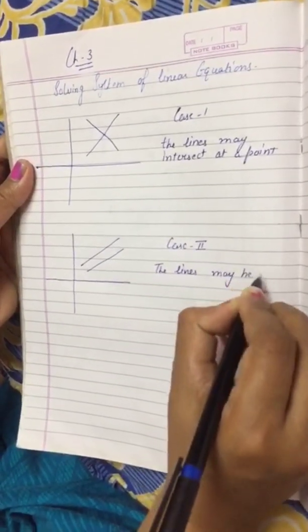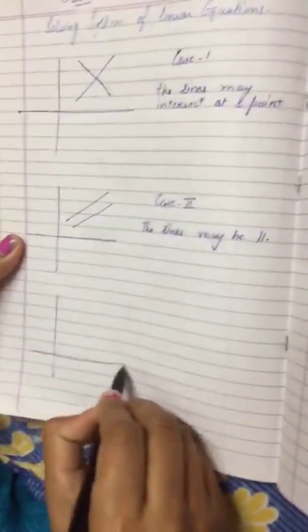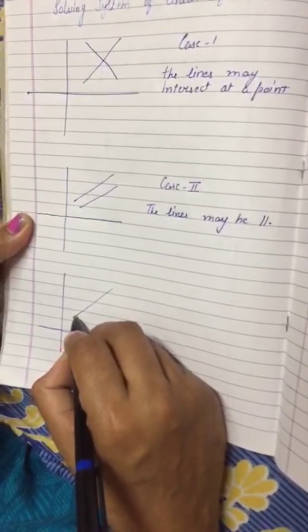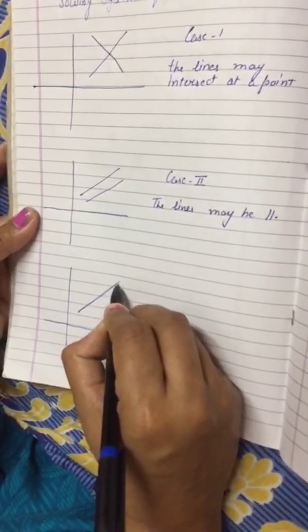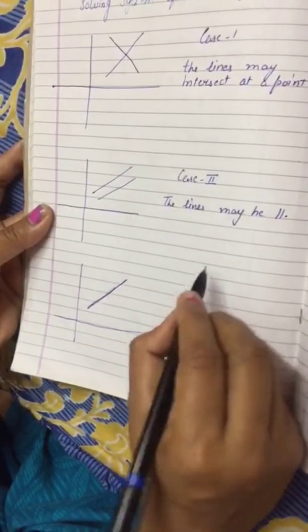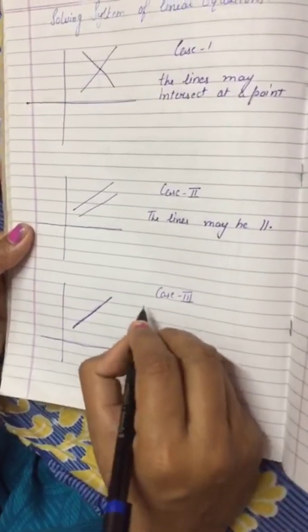may be parallel, and in the third case, the lines overlap each other. It means if I am drawing two lines very close to each other, we can say the lines are overlapping each other. This is also called case number 3.